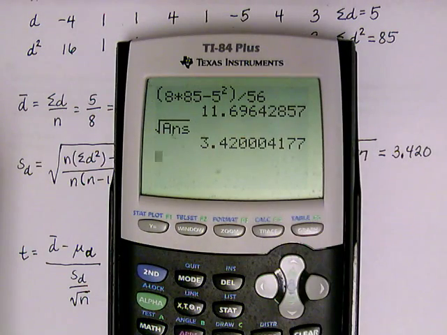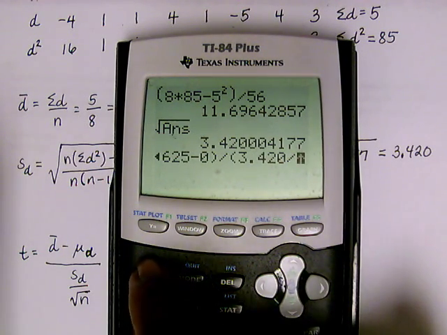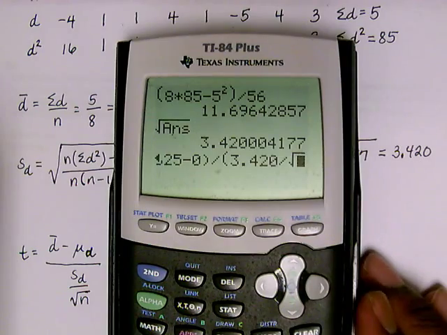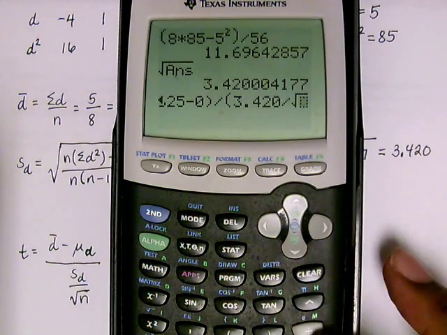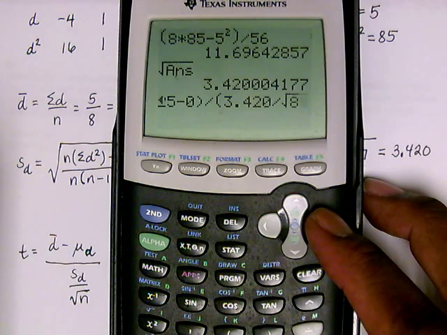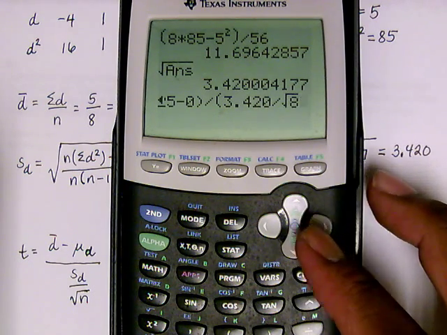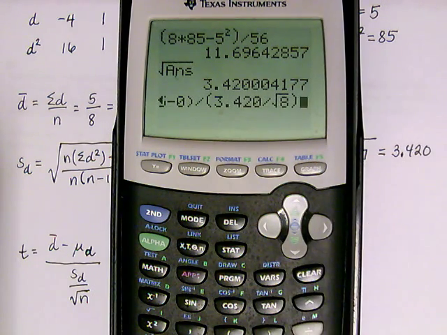So here, I'm going to type in the left parentheses key, type in 0.625 minus 0, close parentheses, divide that by, then left parentheses, s sub d, which is 3.420, divided by, then second and x squared for the square root, and then 8. Then hit your right arrow key to get out from underneath the radical, and then close your parentheses.